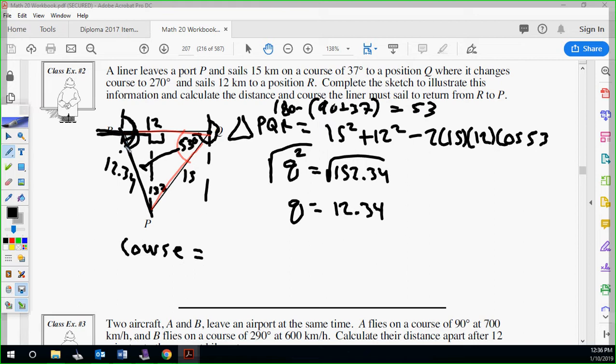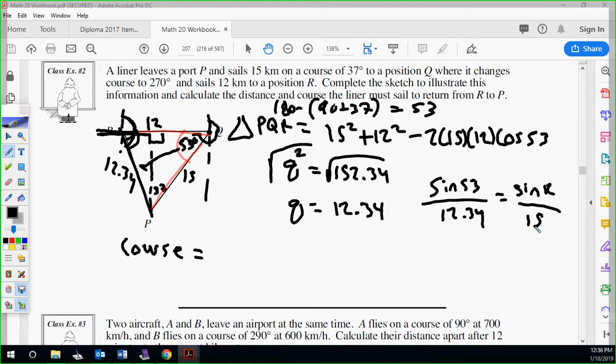So what Lucas says, we'll use sine law here. Sine of 53 makes 12.34. We want to know sine of r makes 15. Solve for r.